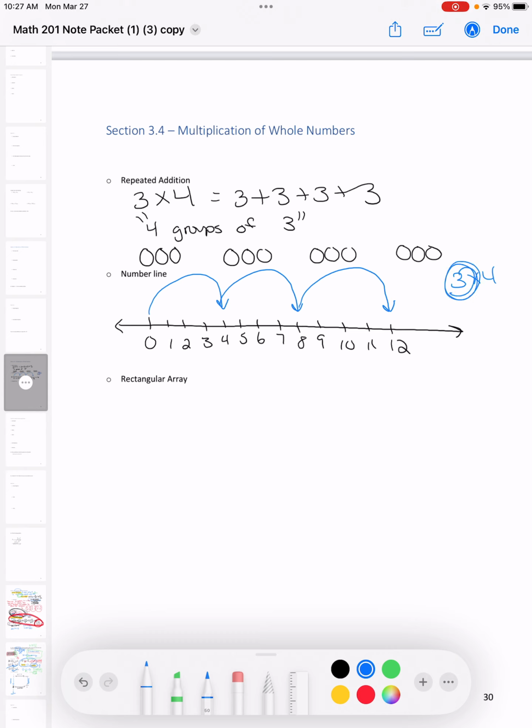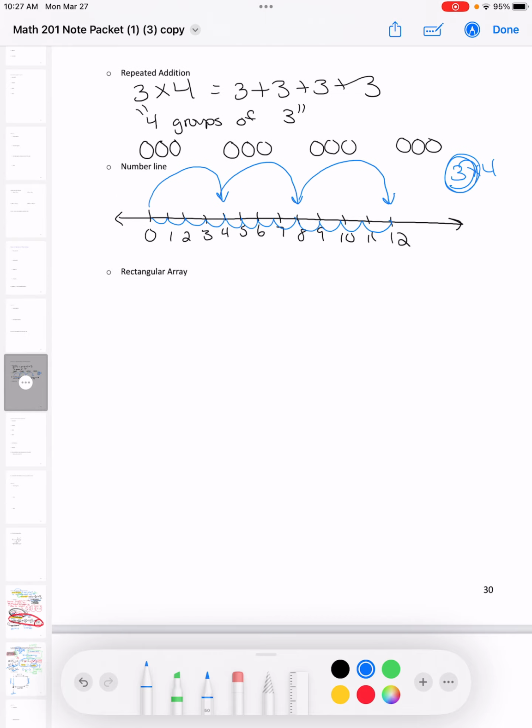There's 1, 2, 3 humps. And each one of them we're going over 4 spaces. 1, 2, 3, 4. 1, 2, 3, 4. 1, 2, 3, 4. So that's our 3 times 4. Another visual for that. And kind of, like I said, bring it back around to the skip counting that we would have already learned. Another visual that's used is a rectangular array.